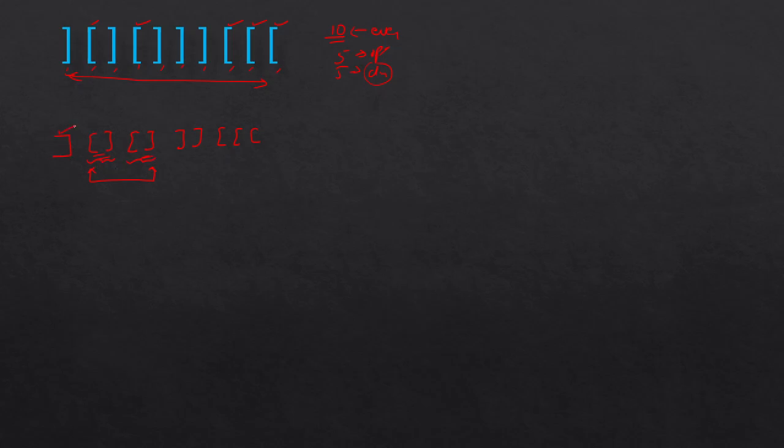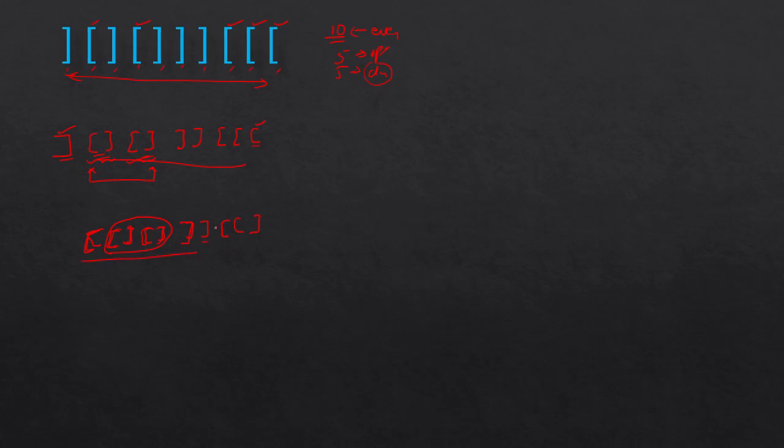If we swap this and this, let me write this thing first. Here it is written close, open, and then we swap these two. So this will go at first, this will go at the last. Now you can see these two are balanced, then we have this opening and this closing, so this part is also balanced.